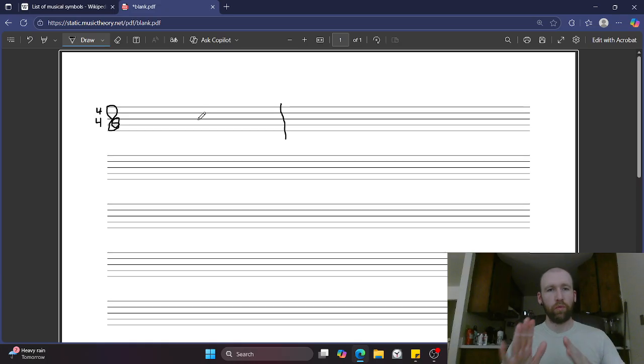So really what's going on here is when we're counting the beats, it goes 1, 2, 3, 4. 1, 2, 3, 4. 1, 2, 3, 4. And after you count 4 into this measure, you go into the next measure and so on.